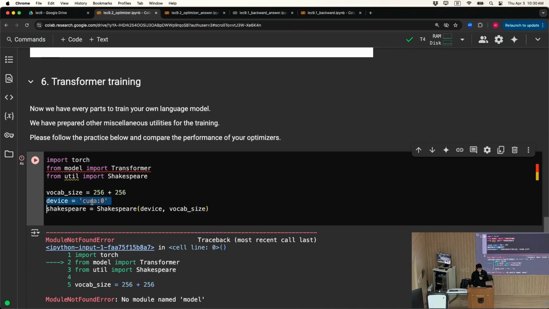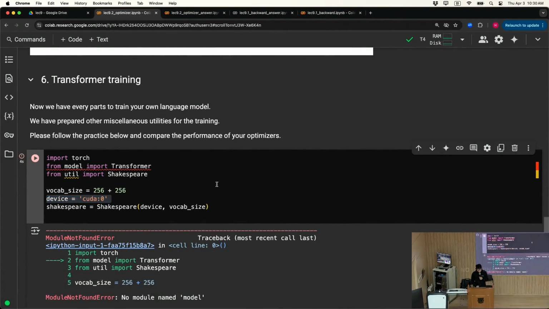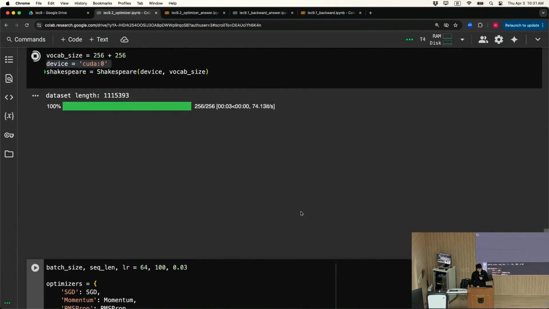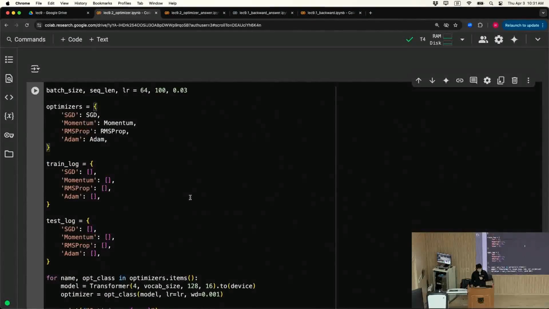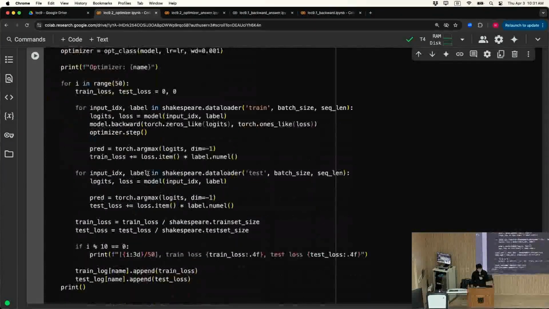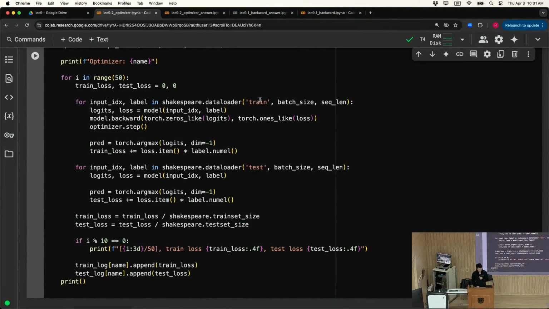Here we're going to use GPU, and we're going to try various optimizers that we just implemented together: SGD, Momentum, RMSProp, and Adam, and apply gradient descent. So we're going to load the data.